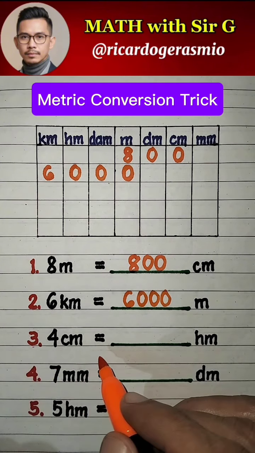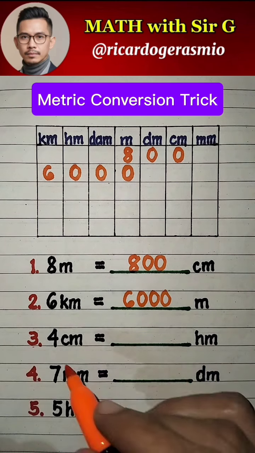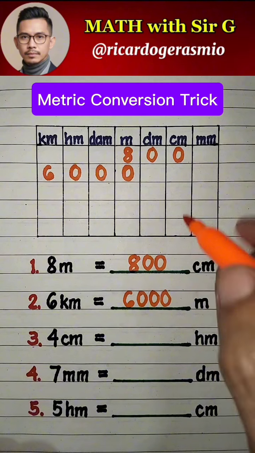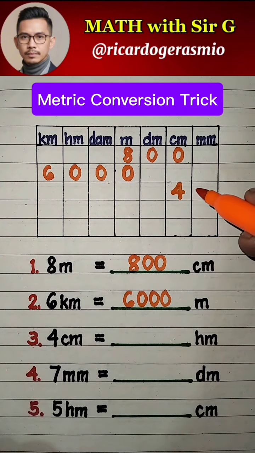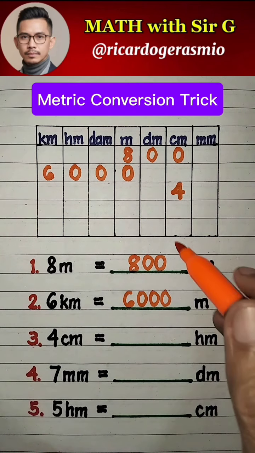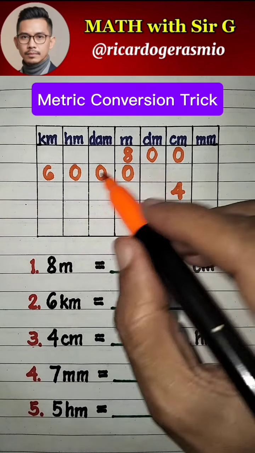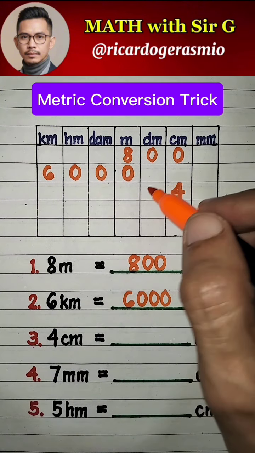Okay, guys. Next, number 3. So 4 centimeters is to be converted to how many hectometers? So we will write 4 in the column of centimeters. So here, 4. Then 4 centimeters is to be converted to hectometers. So we will write zeros up to the column of hectometers. So we will write zeros backward.